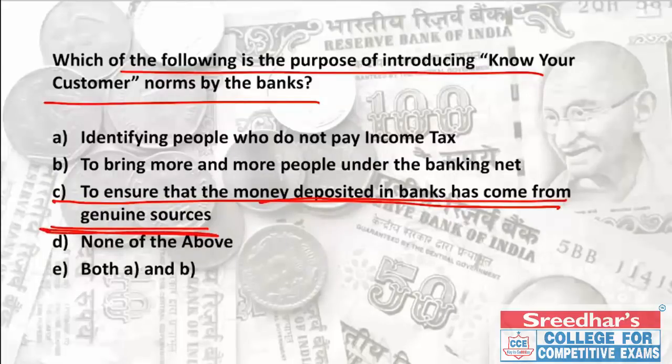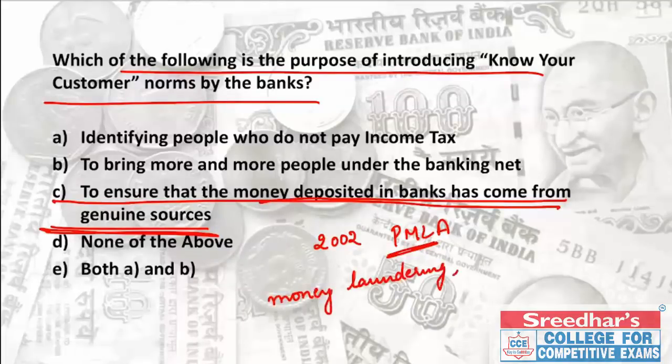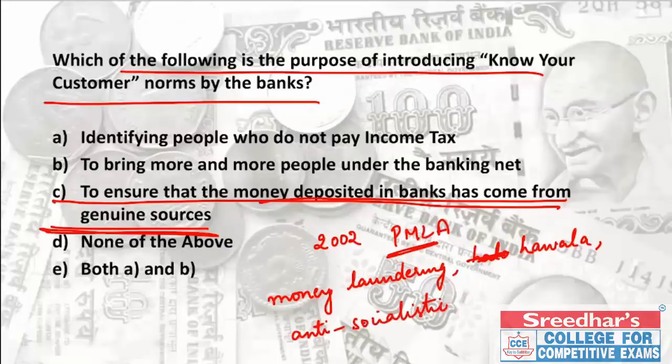For this, in 2002, the Prevention of Money Laundering Act, PMLA, was introduced and Know Your Customer norms were introduced. This is specially to curtail money laundering, to stop hawala transactions, and to ensure that money is not used for anti-social activities or terrorist activities, etc.